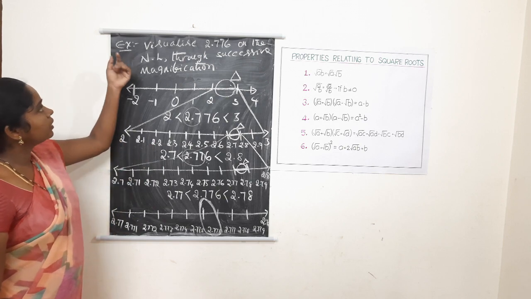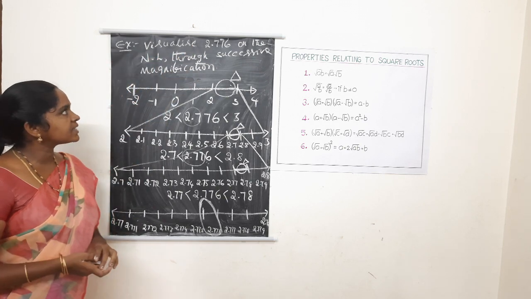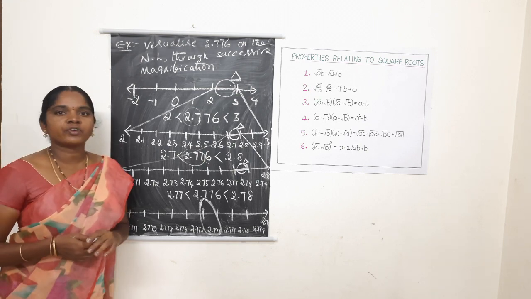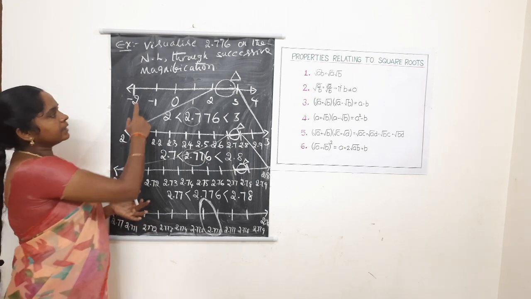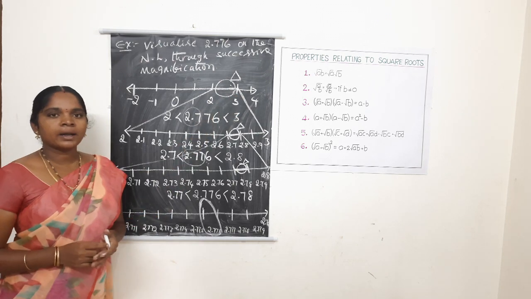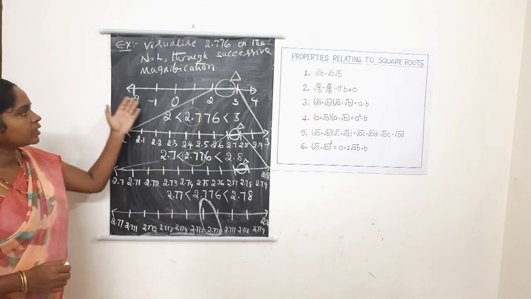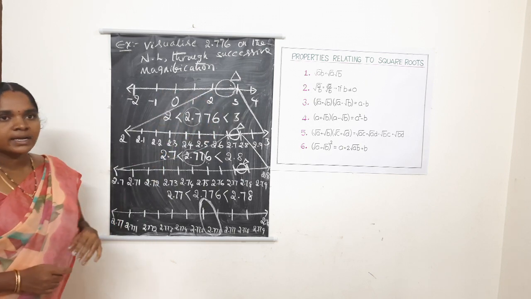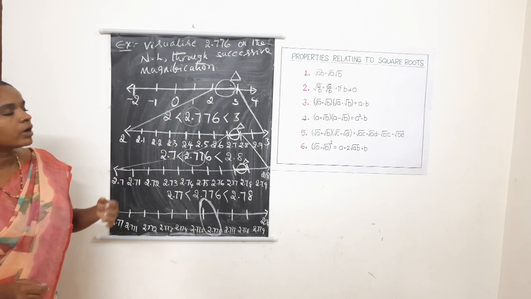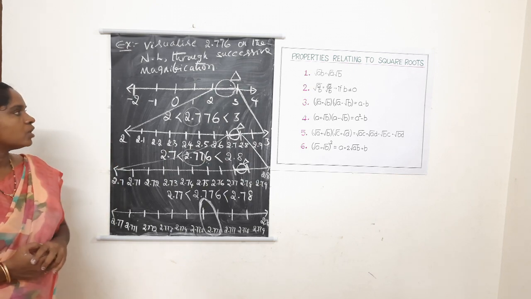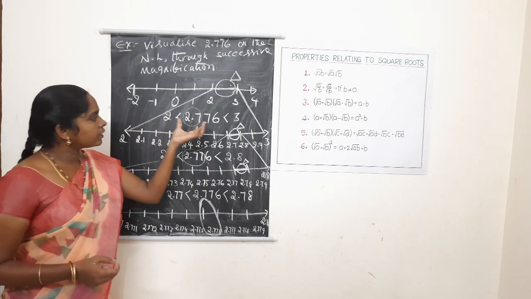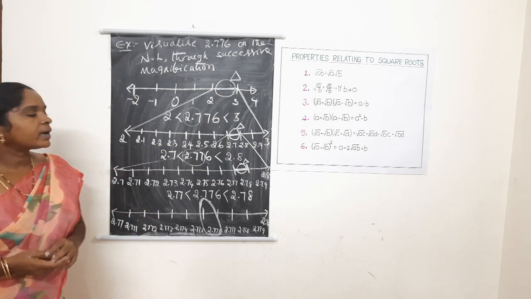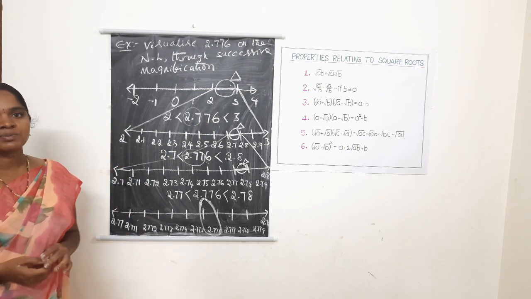So our example: visualize 2.776 on the number line through successive magnification. For that, let us draw a number line and locate the points 0, 1, 2, 3, 4 to the right side of 0 and negative numbers to the left side of 0. First, our given number 2.776 is a terminating decimal.